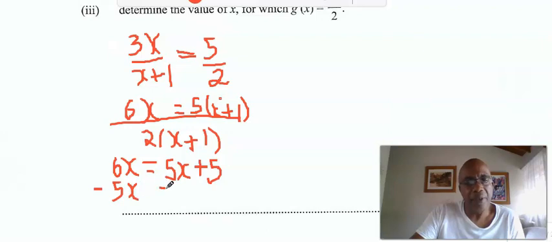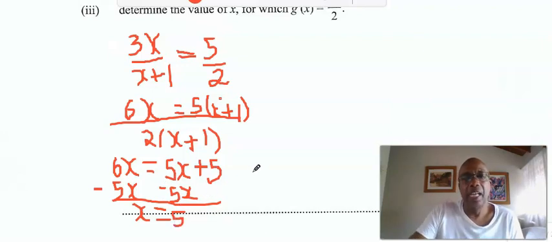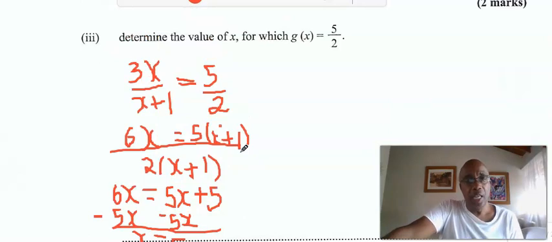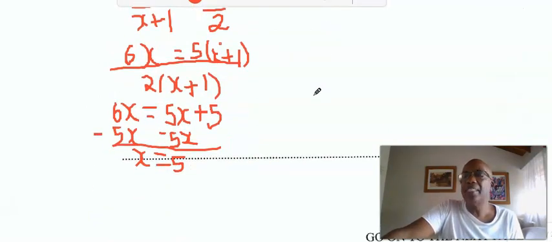And I subtract 5x from the right side. 6x minus 5x is x, equals 5x minus 5x is nothing, so we only have 5 on the right side. And so we have solved the equation, and we have determined that the value of x, for which g of x equals 5 over 2, is simply 5.